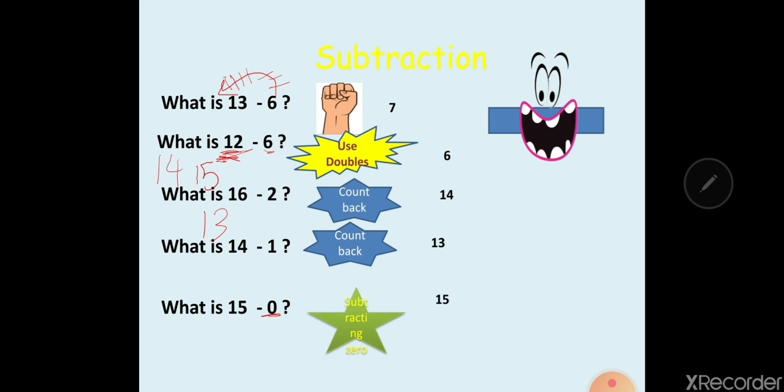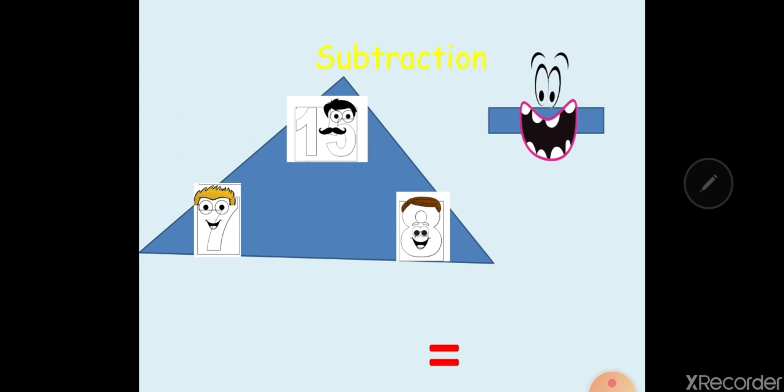Amazing. Now, again, if I have a family like this one, 15, 7, and 8, remember, if I'm going to use minus to take away one of the family members, like here, 8 went outside the house, so the 8 is missing.